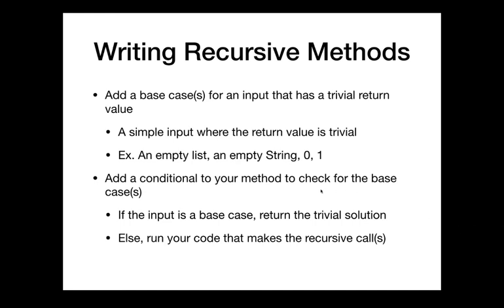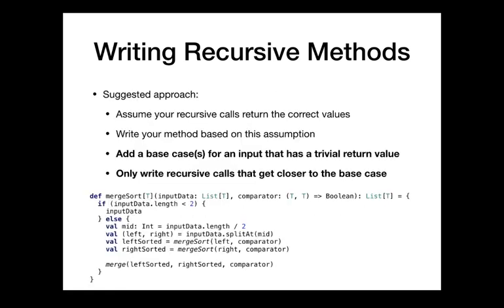And then we're going to add a conditional. We're going to say if the input is in this base case, just run this very simple base case logic. Else, we're going to run our algorithm that makes recursive calls and offload the work onto the recursive calls. And by the way, I forgot to mention it by name, this is what we call the divide and conquer approach.